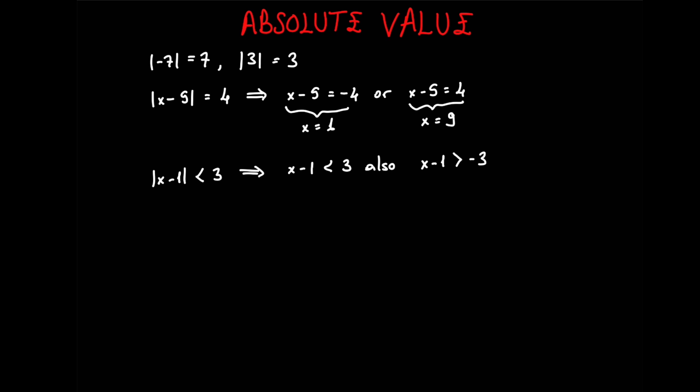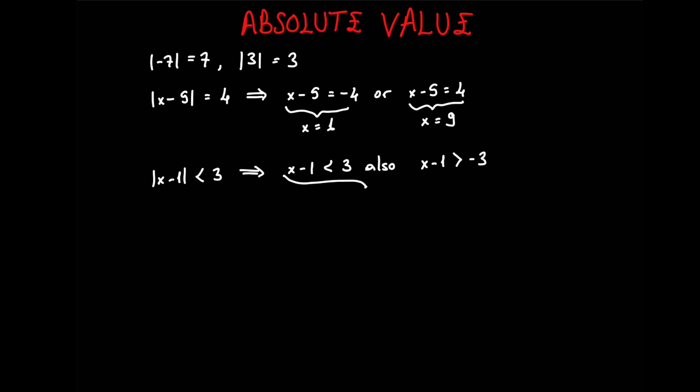Why does x minus 1 have to be greater than minus 3? Because the distance between 0 and minus 3 is 3, and if x minus 1 is lower than minus 3, that means the distance between x minus 1 and 0 will be larger than 3. The example tells us that the absolute value of x minus 1 is lower than 3. Therefore, x minus 1 must also be greater than minus 3.